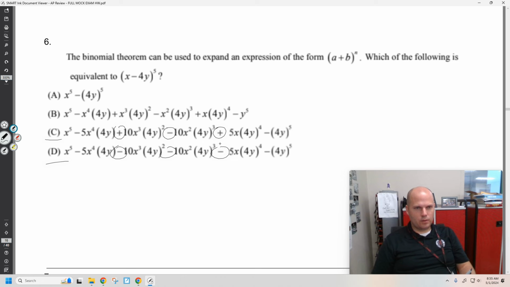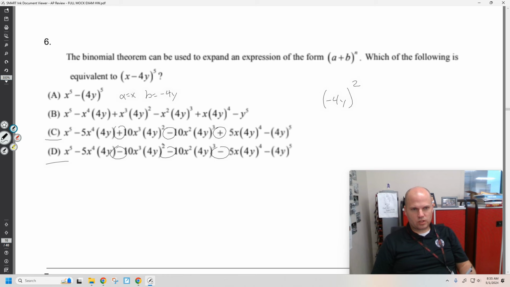And what I know is that A is X, B is negative 4Y. So if I were going to take B to an even power, say squared, it would turn into a positive 16y squared.